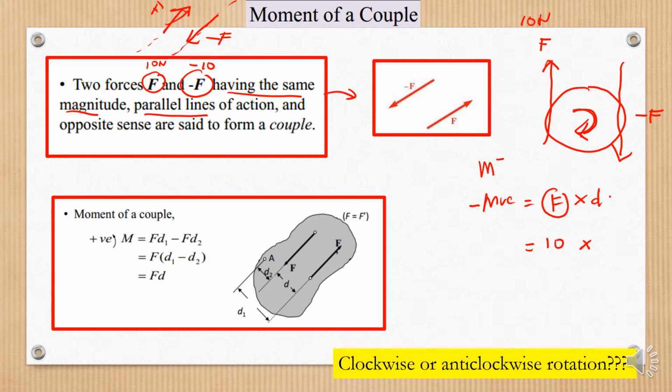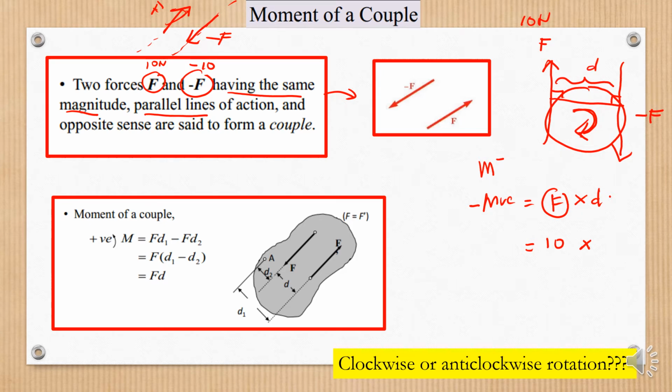Remember, d is the perpendicular distance. Before this, we learned that d is the perpendicular distance from the reference point. But when referring to the moment due to a couple, d is the perpendicular distance between the two forces of the couple. That is the distance you have to use.